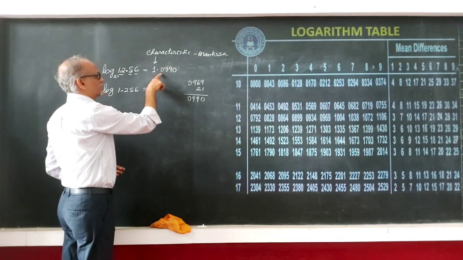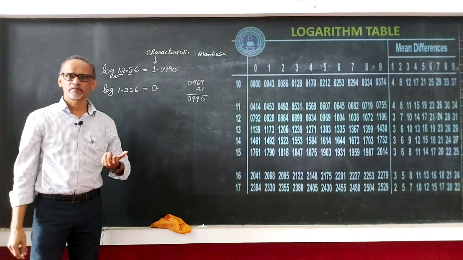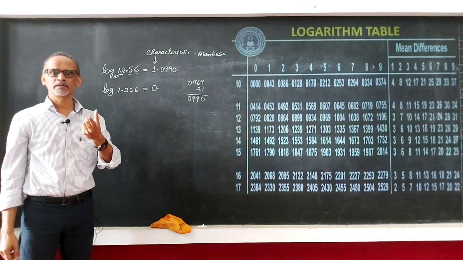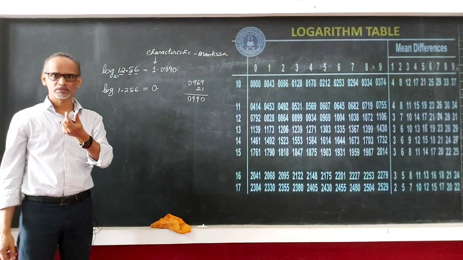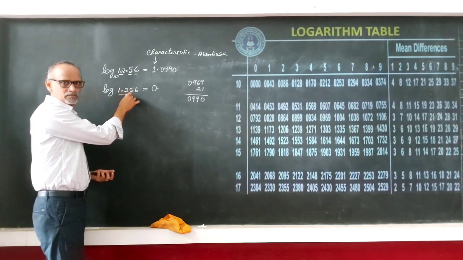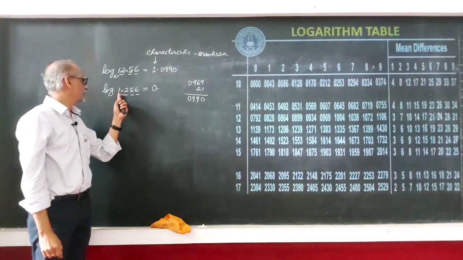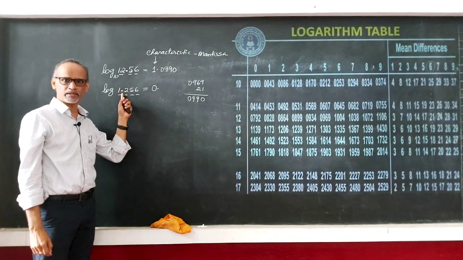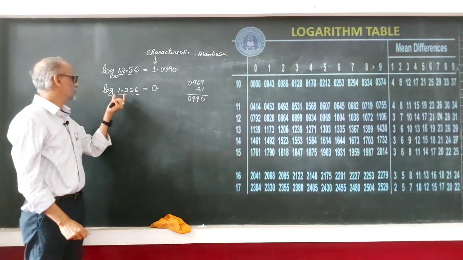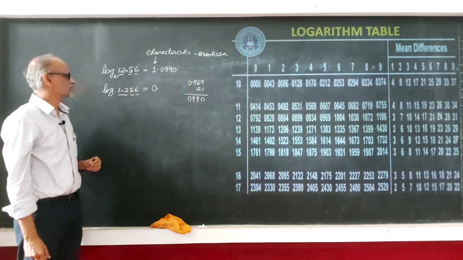Mantissa is always a fraction, that's why you have to write the decimal. Now, as I mentioned earlier, split the given number into 3 parts: 2 digits, 1 and 1. Irrespective of the position of the decimal point, split into 3 parts. That is 12, 5, 6.